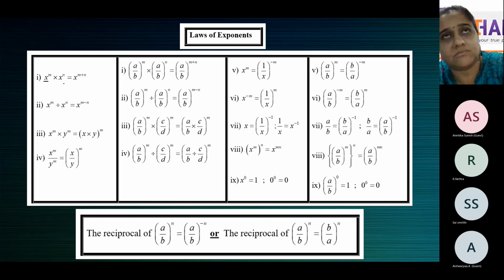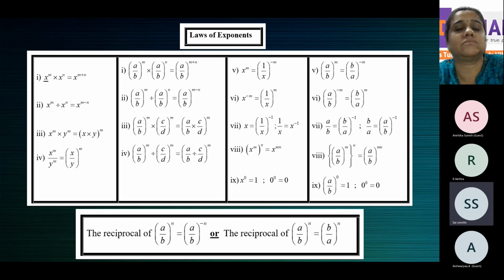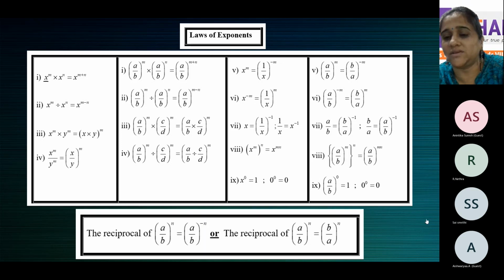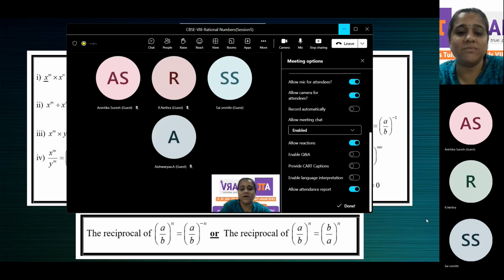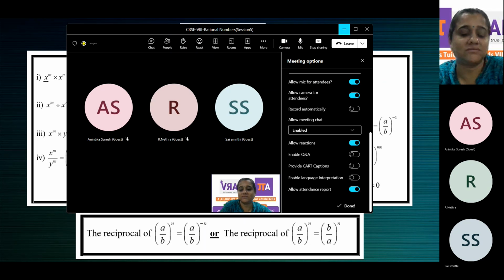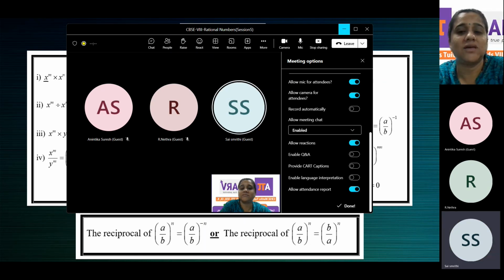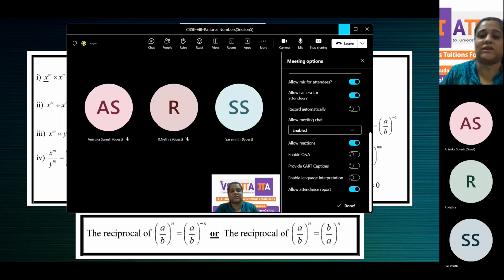Ma'am, after the rational numbers, can you take squares and square roots? Who's this? Sai Smriti? Yes, ma'am. Oh, very good. Nice that you were able to join. What happened? I think network issues, ma'am. Okay, fine.